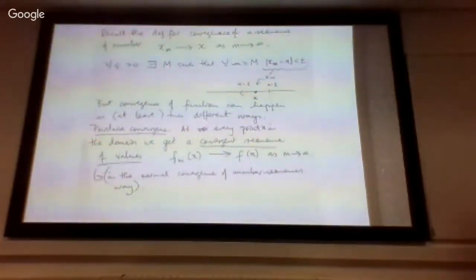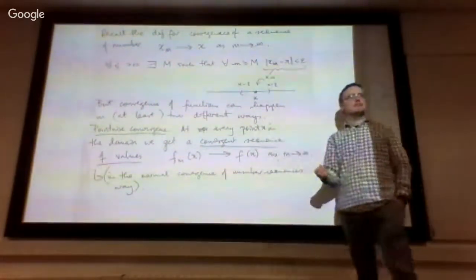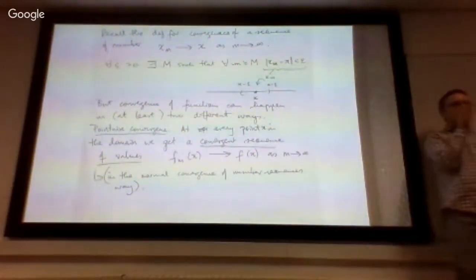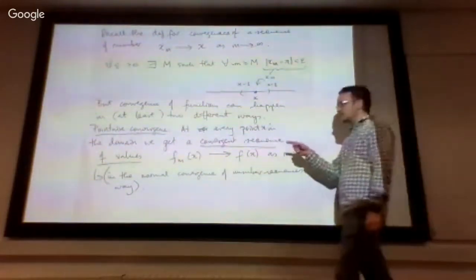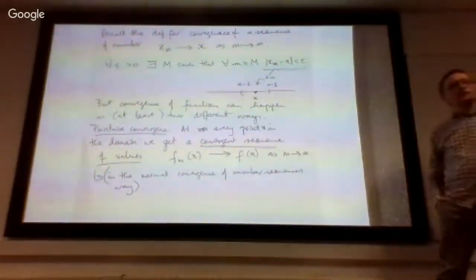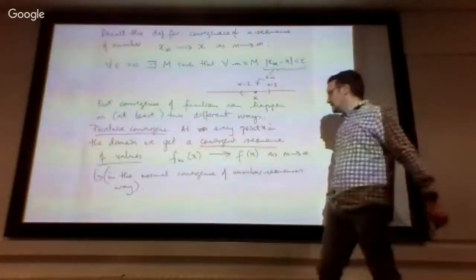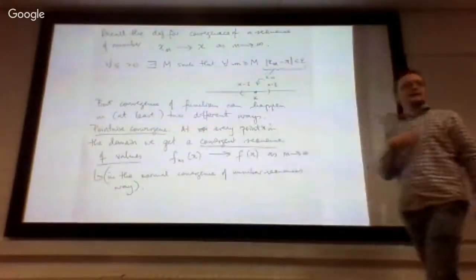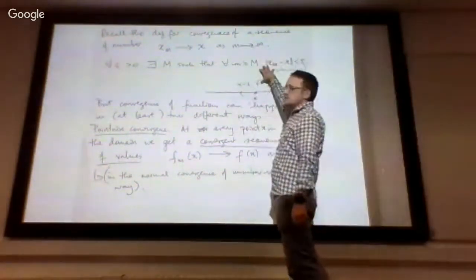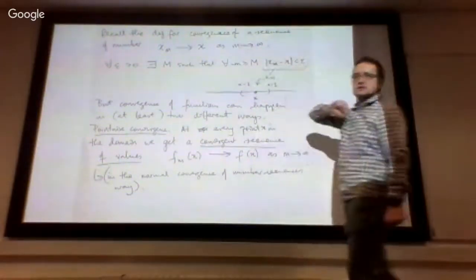Okay. So this is called pointwise convergence, where you pick out a particular point x in the domain of the function. And then if you're only looking at that point x, you ignore the rest of the domain of the function, then the sequence of function values given to you by f1(x), f2(x), f3(x), f4(x) is getting closer and closer to the limiting value f(x), in the normal convergence of number sequences way.